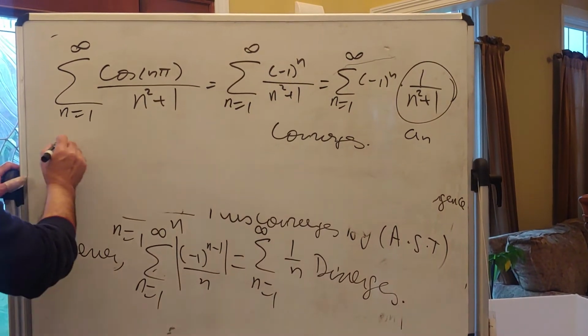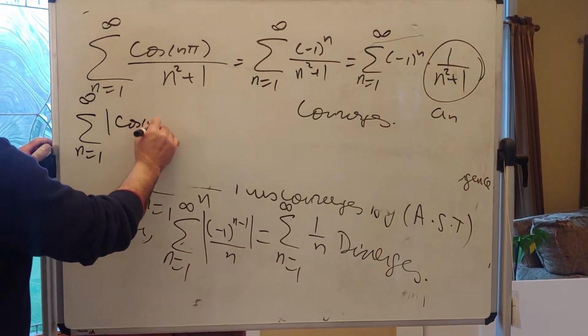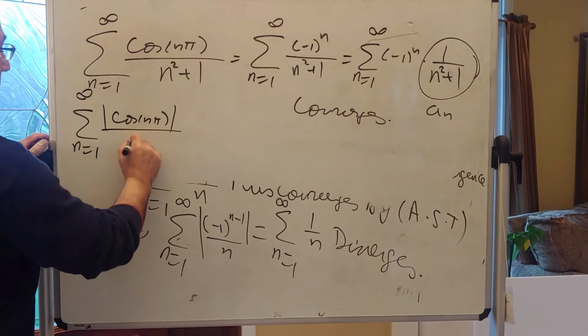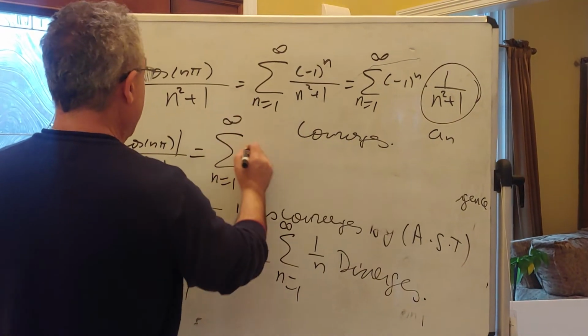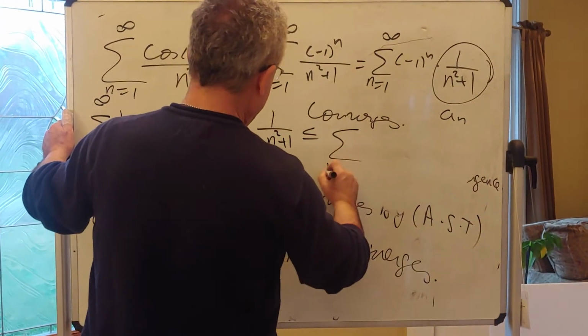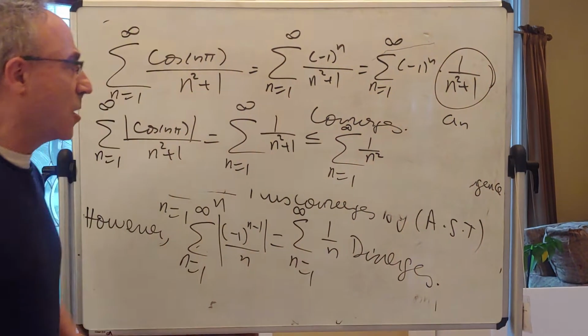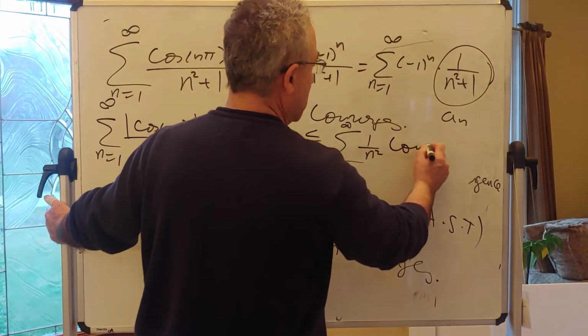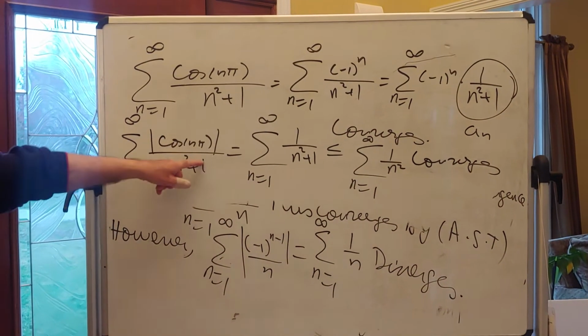If I take the absolute value, this is the sum of 1 over n squared plus 1, and that is less than or equal to 1 over n squared, which we know converges by the p-test or the integral test. So that series converges absolutely.